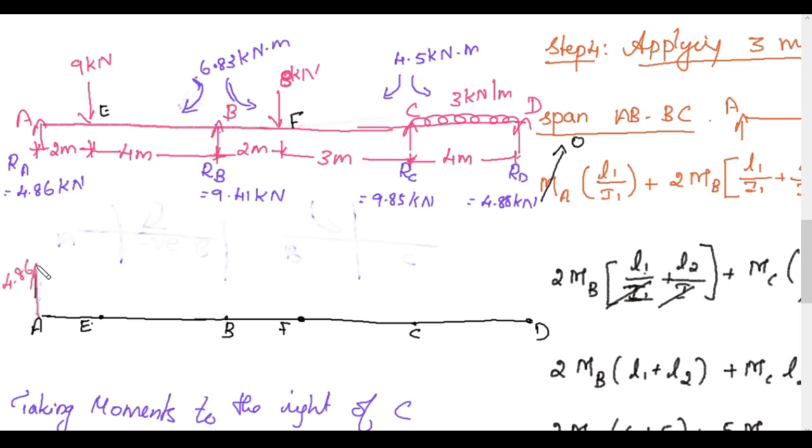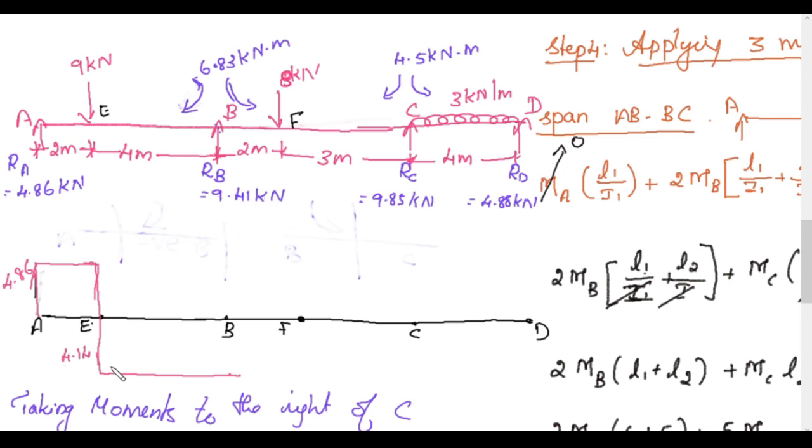Then up to E there is no change in load. At E it is 9 kilonewton. So 4.86 minus 9 we get minus 4.14. Then up to B we have no change in load. At B there is 9.41 kilonewton.